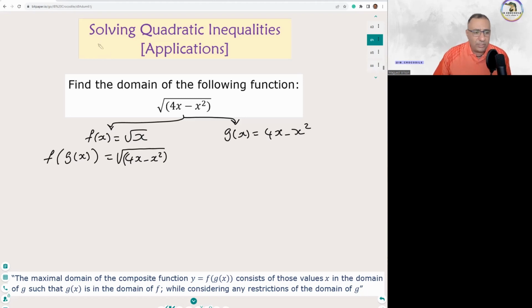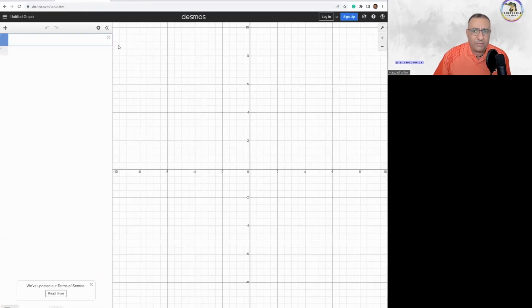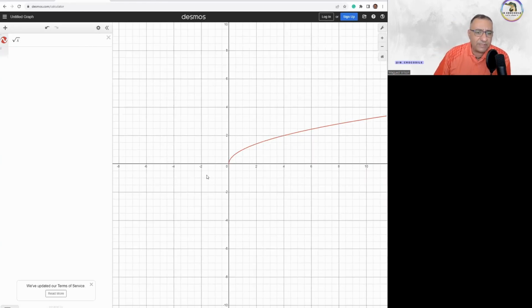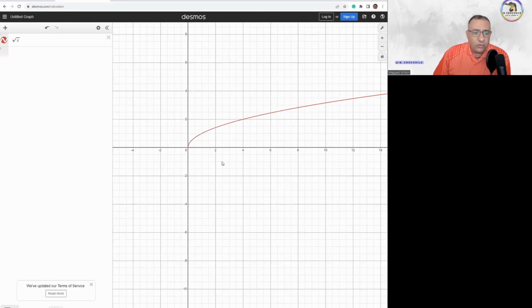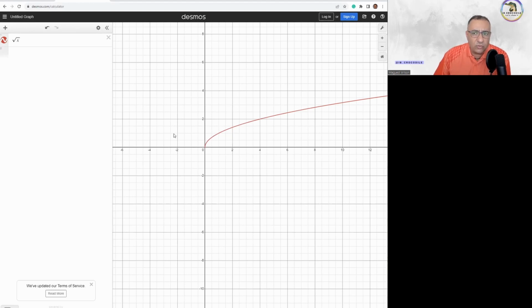In order to figure that out, one way is to graph it and look at the sketch of the square root of x. As an IB math AA SL student, you need to be able to sketch these parent functions by yourself on paper 1 without using a graphic calculator. This is basically how the function looks. First of all, there are no curves on the negative side of the x-axis.